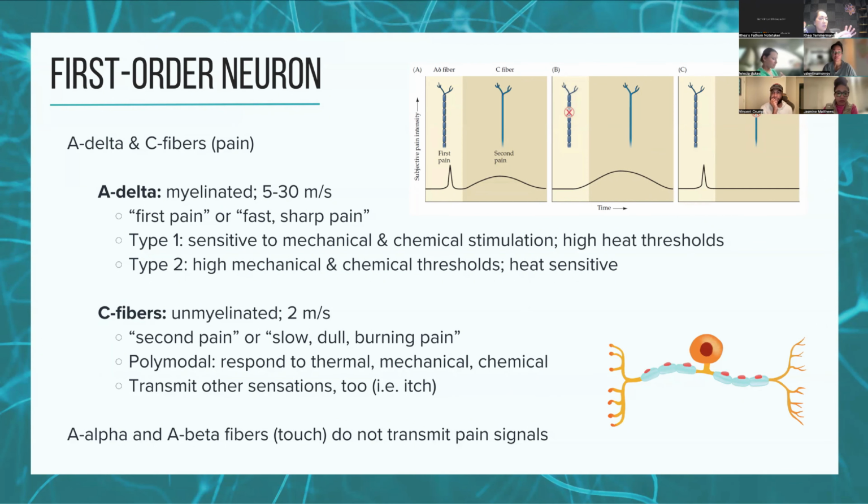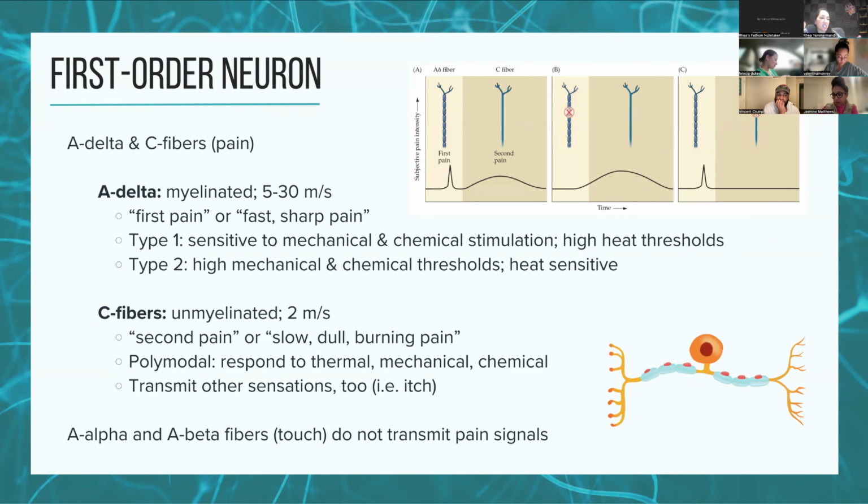For those who have not been introduced to this topic before, neurons are categorized into A fibers, which are further subcategorized into A alpha, A beta, A delta, and A gamma. And then there's B fibers, and then there's C fibers. A fibers and B fibers are myelinated, they're usually the biggest ones. C fibers are unmyelinated, and they are the smallest in diameter.